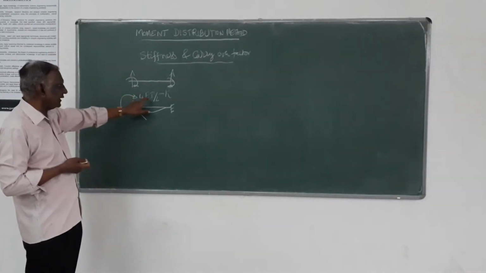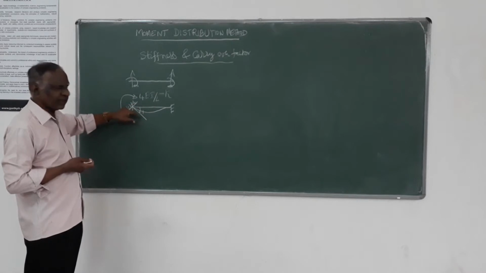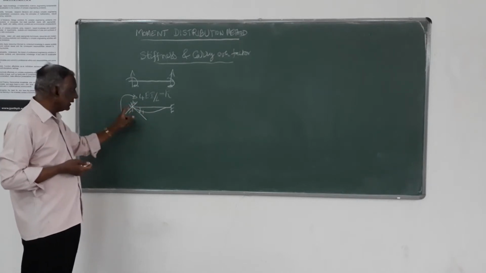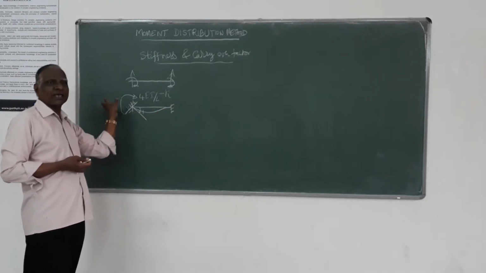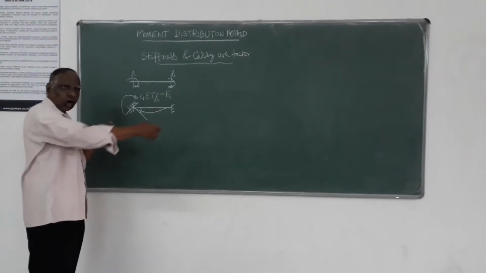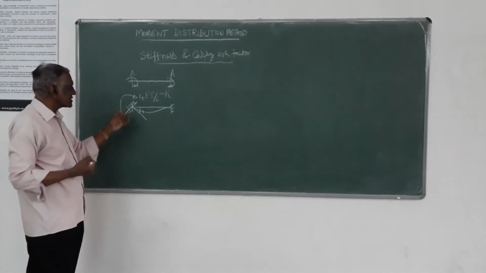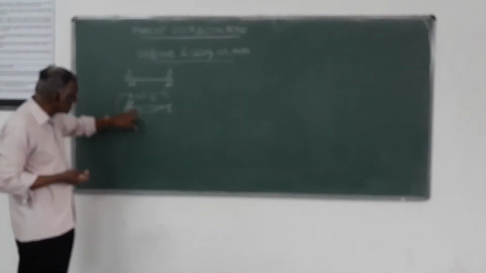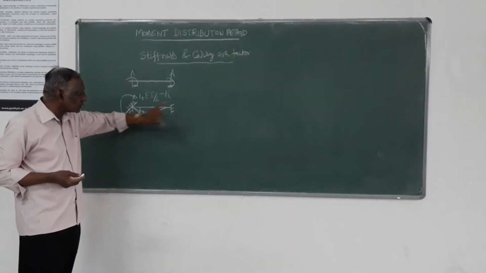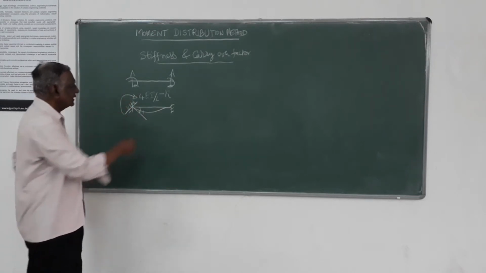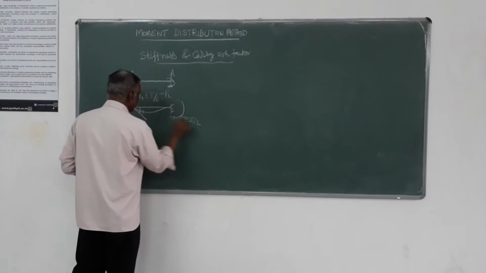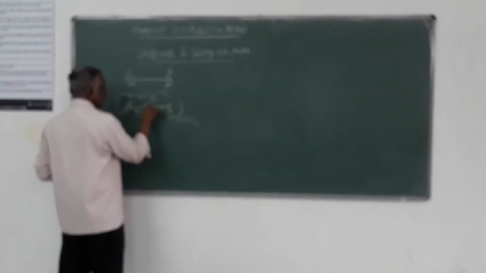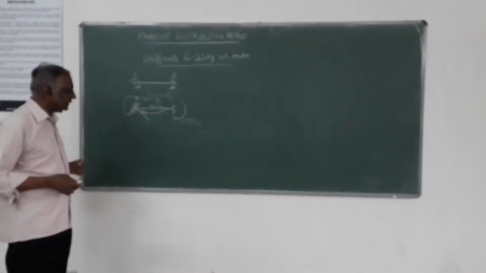When we force this end, there will be a unit displacement at this end. Since the other end is also fixed, there will be a reaction from the other end, because the member AB put together will resist that displacement. The force developed on account of this is half of this value at the other joint, equal to 2EI by L, where EI is the flexural rigidity of the member and L is the length of the member.